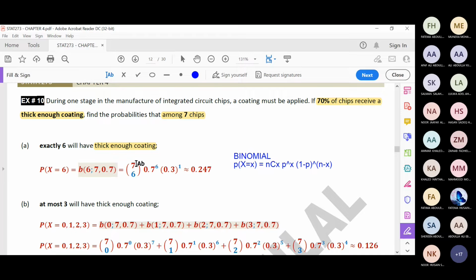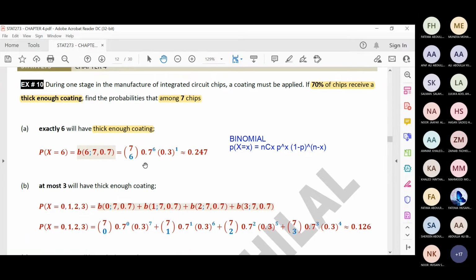It is n which is 7, combination x or selection of x, so 7 selection of 6. p which is 0.7 raised to the power x. 1 minus p معناتها الكومبلمنت، يعني اللي تحت عندك 0.7 تكملتها شو راح تكون عندي 0.3، فهي الاثنين يكملوا بعض. 0.7 جنبها 0.3. The first one raised to the power x and the second one raised to the power n minus x, the difference between them, which is 1. Now with the calculator find the probability.